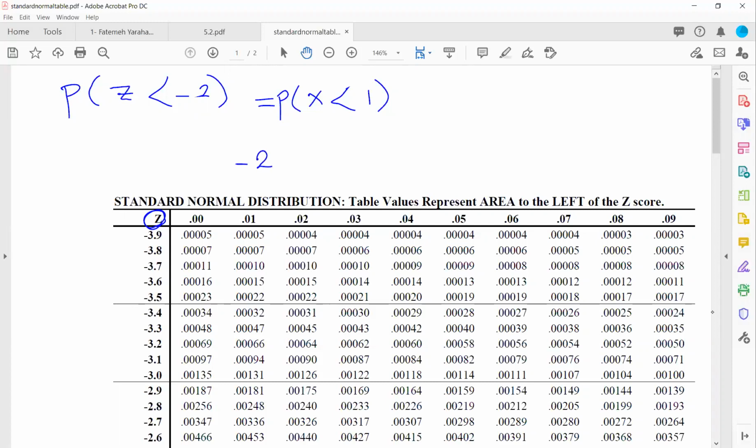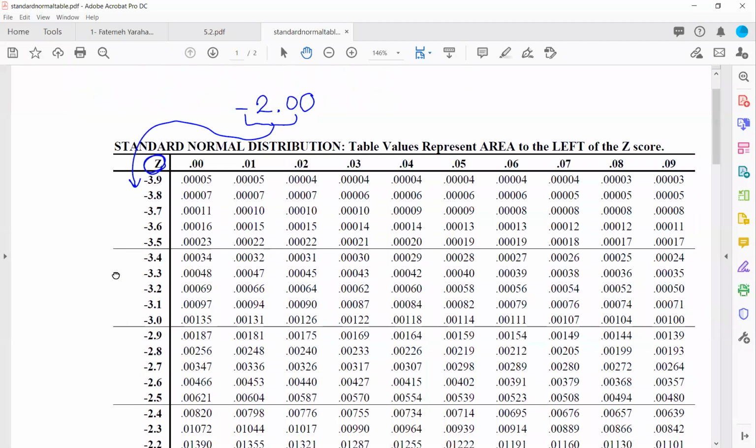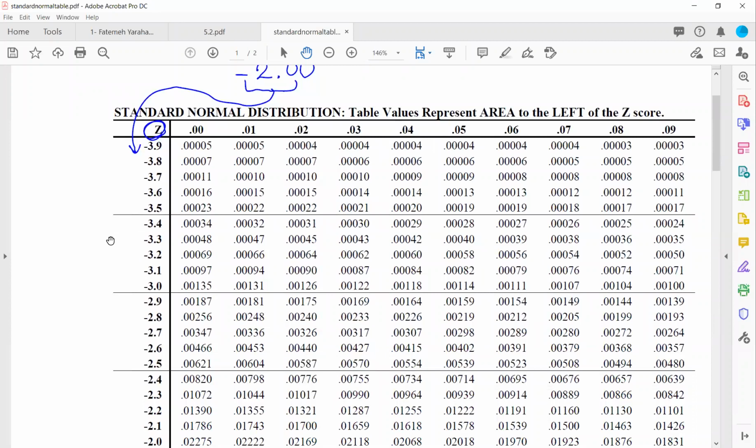-2. If you assume the decimal, it means that you have 0 and 0 in front of the decimal. -2.0, the first two digits on the first column, -2.0, it's just right here. And the last digit is 0, which is on the first row.